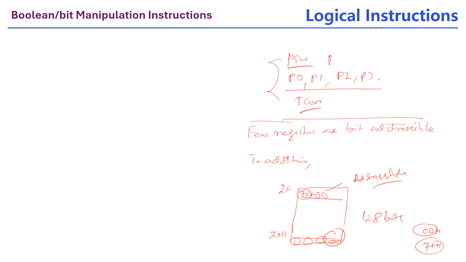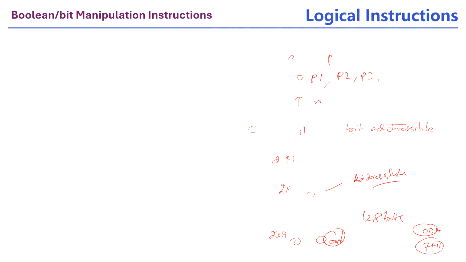To manipulate the bits available within these locations or within the bit addressable registers, we can use the bit or Boolean manipulation instructions. What are the instructions supported by the 8051? We will discuss them one by one.